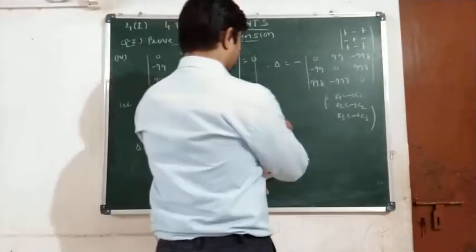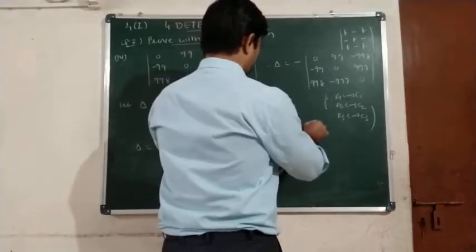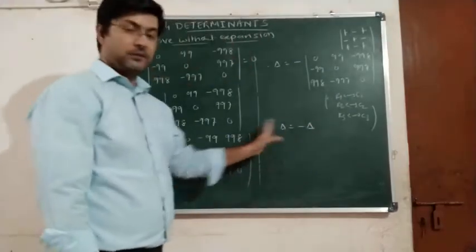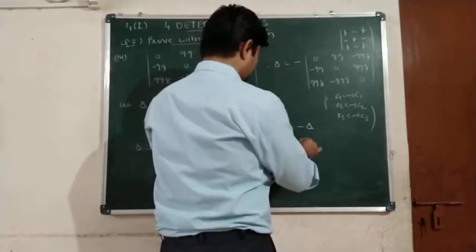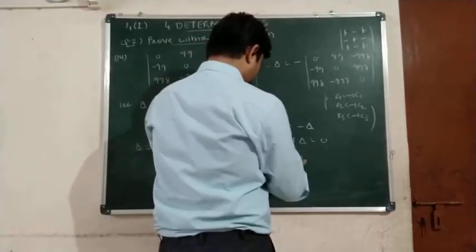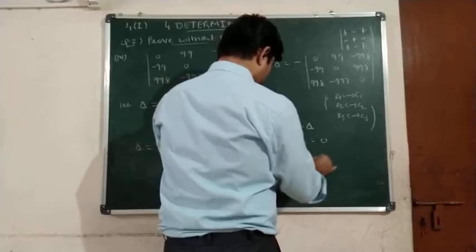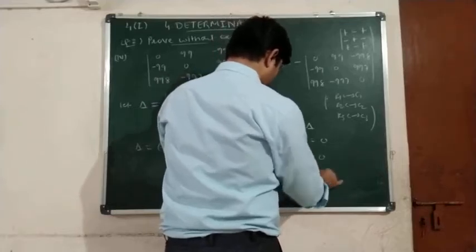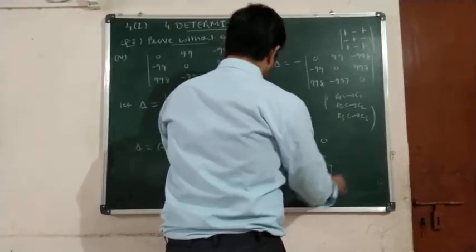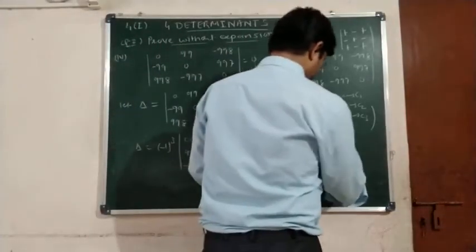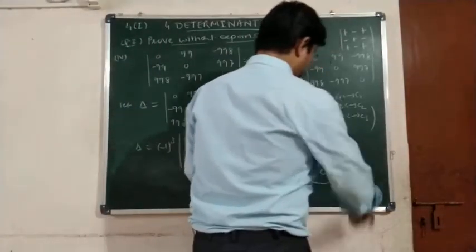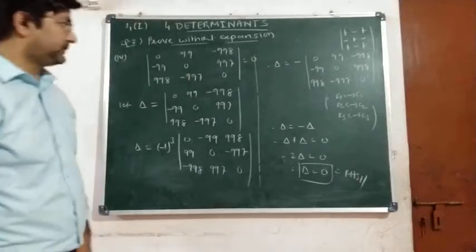So now we can write down that delta is equal to minus delta transpose, minus delta on the left side, therefore delta plus delta is equal to 0, therefore 2 delta is equal to 0, therefore delta is equal to 0, and therefore we have proved that the value of the given determinant is 0.